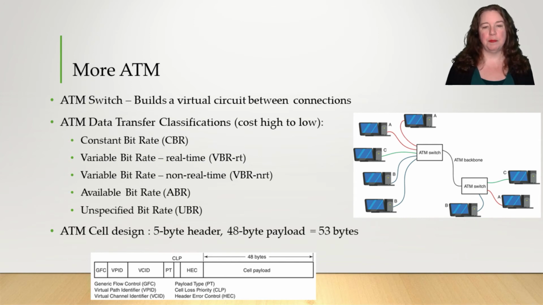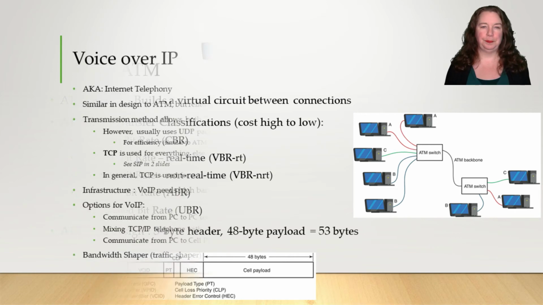So these are going to fill up that 5 byte header. Remember, each byte is 8 bits, so you're looking at 40 bits that we can put in here. So 40 bits or 5 bytes for the header, and then 48 bytes for your payload. And so it makes this 53 byte cell design very efficient, very quick to just run across nicely.